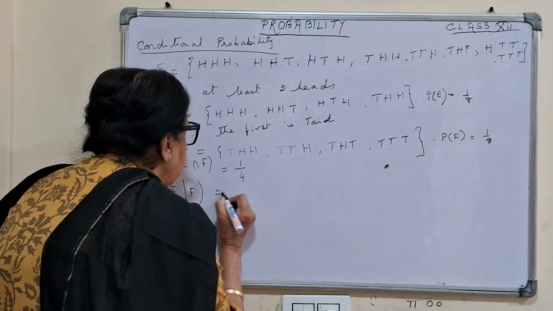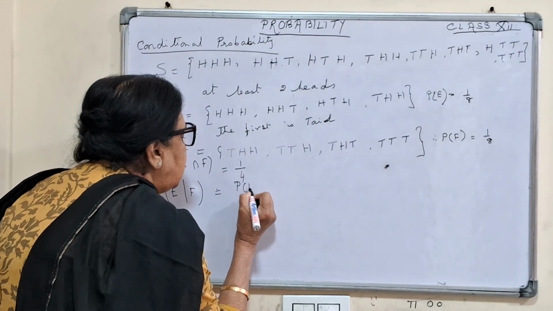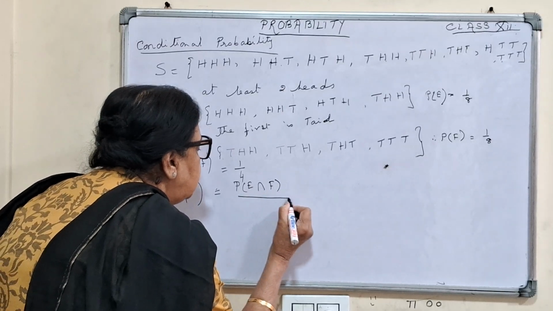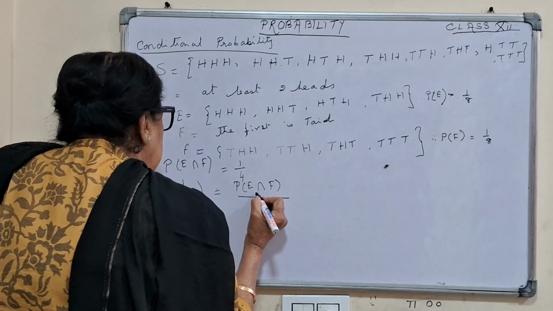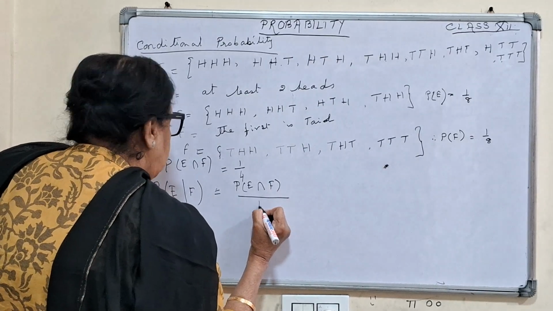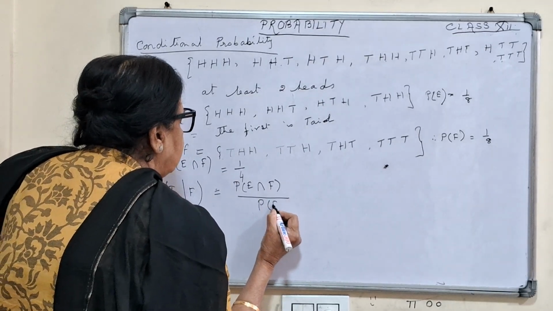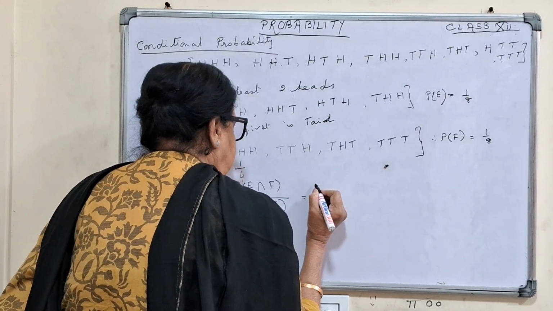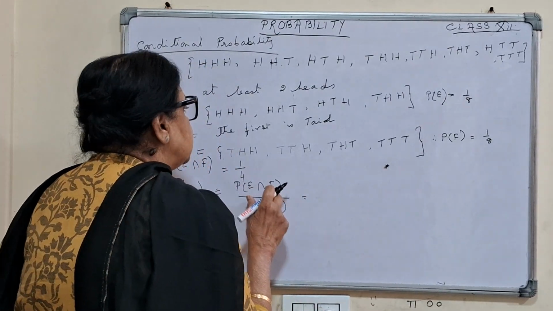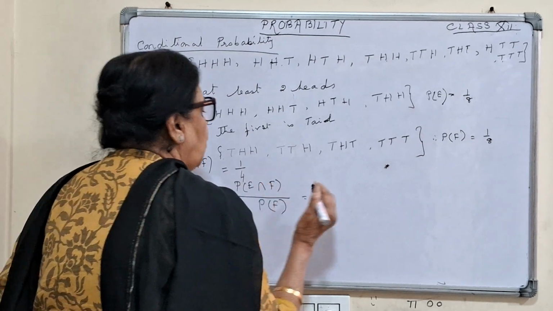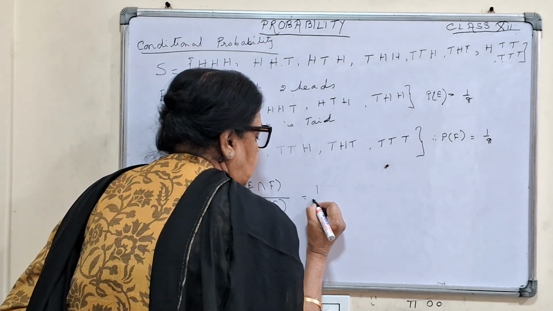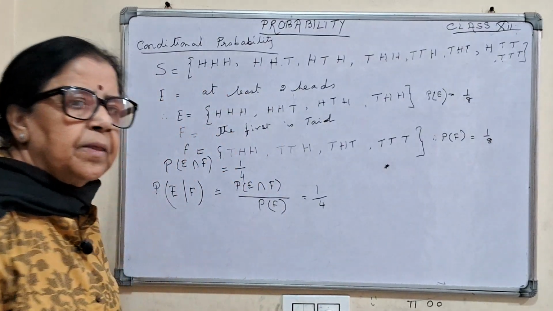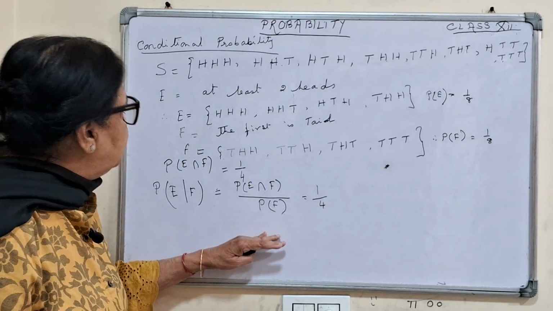That is equal to P of E intersection F divided by P of F. P of E intersection F is 1, and probability of F is 4. Have you followed?